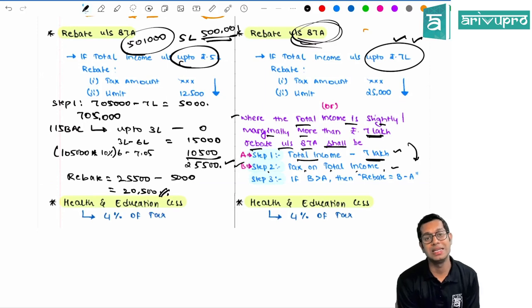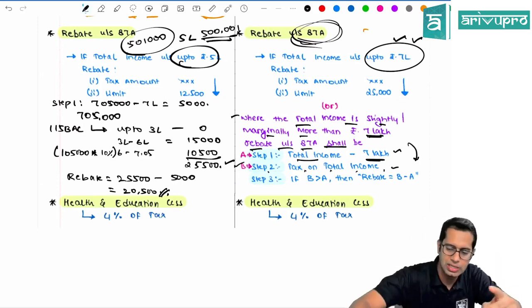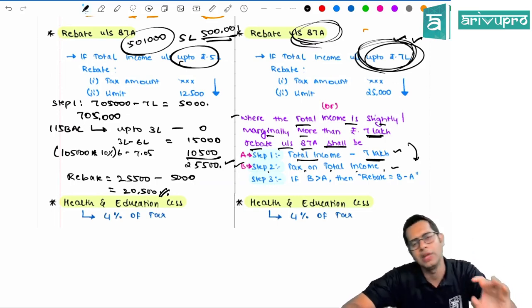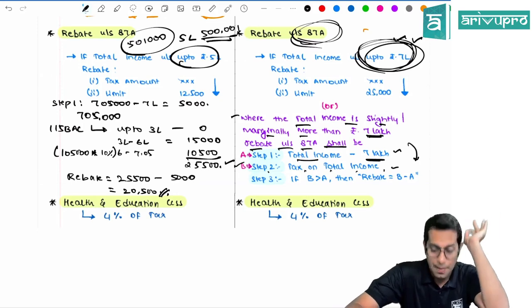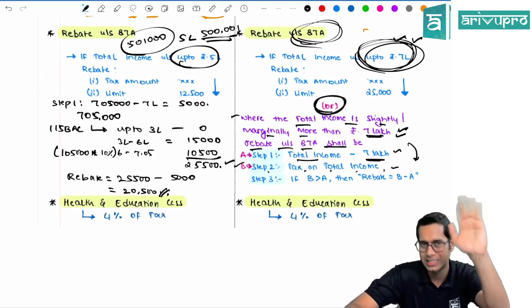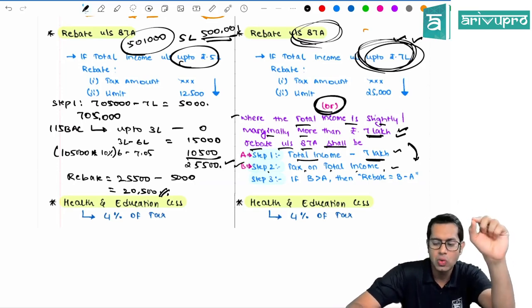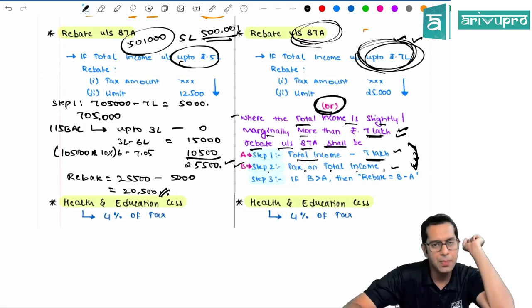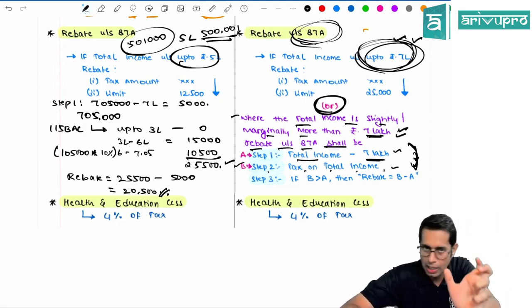Rebate under section 87A for the default regime is calculated under two scenarios. Normally, rebate will be given only when the total income is up to 7 lakh rupees, but you will also get a rebate if your total income is slightly more than 7 lakh rupees. For this, you will have to do the computation. See what is the extra income you are earning.